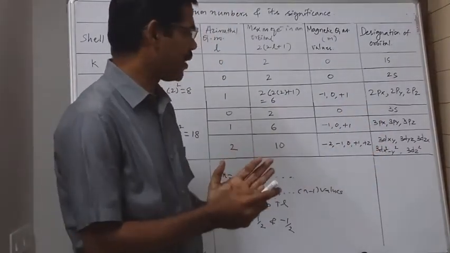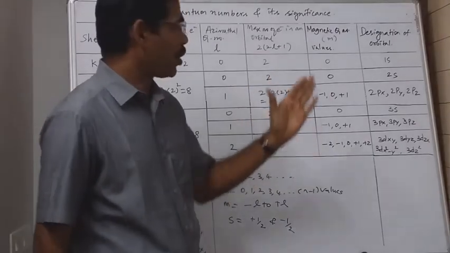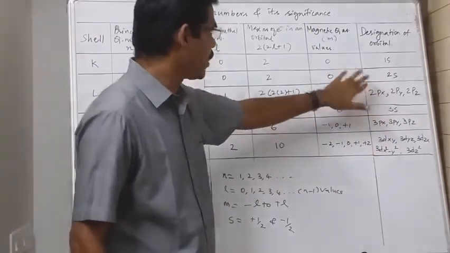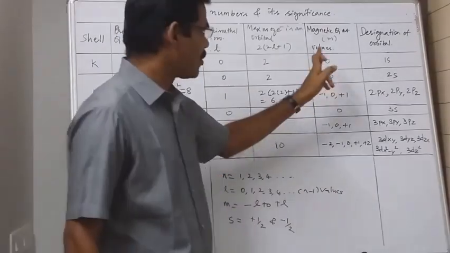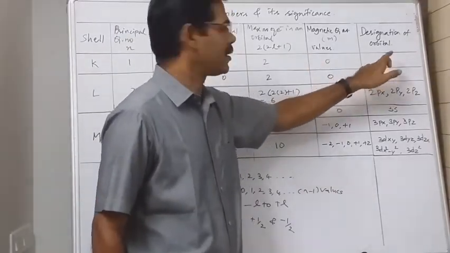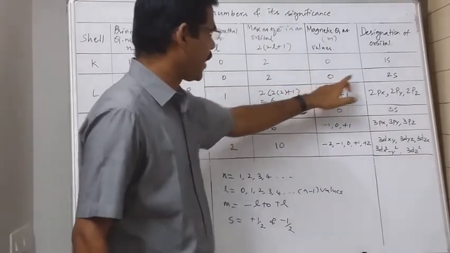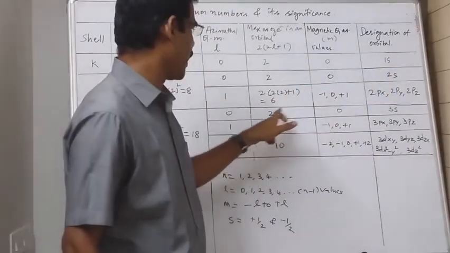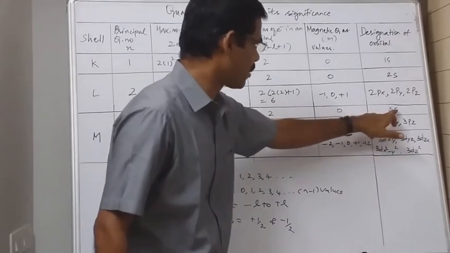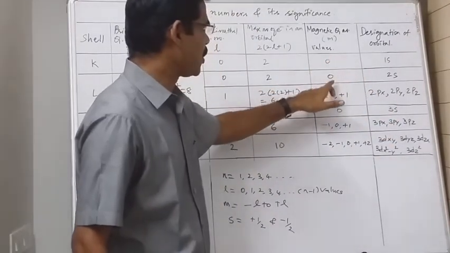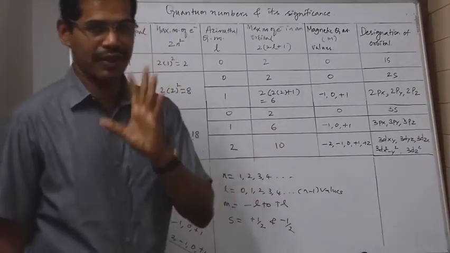For the time being, just understand which orbitals correspond to the m value. Whenever m is equal to 0, it is always an s orbital. Here also, when m is equal to 0, it is an s orbital. So wherever you have m value 0, you will always have an s orbital.